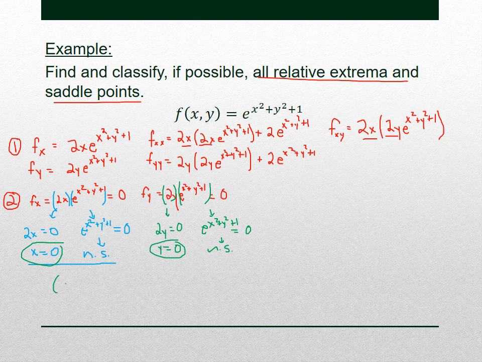But that's exactly what we had before that had no solutions. So for the exact same reasons, it's the same equation, still has no solutions. So that means the only thing we got was x equals 0 and y equals 0. So our only critical value is the point (0, 0).